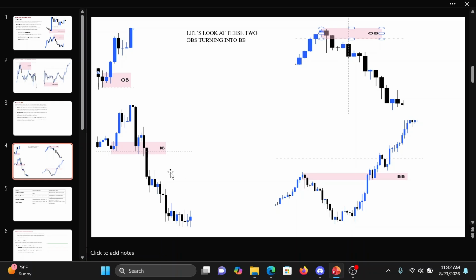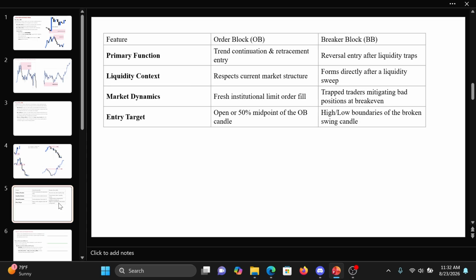All right. Okay, let's continue here. So let's look at the features or the characteristics between a breaker block and an order block. The primary function. Order blocks offer trend continuation and retracement entries. So they show you the trend is still continuing, or the direction of the market it started is still valid, and they are used for retraced entries if you want to enter the market.